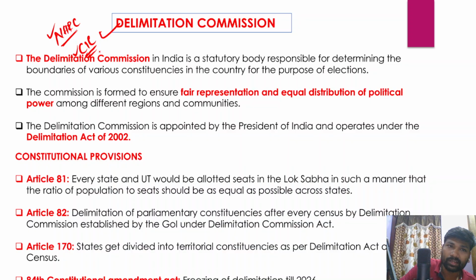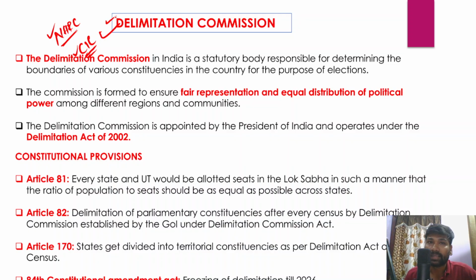The Central Information Commission will implement the Right to Information Act of 2005, and the National Human Rights Commission will protect the human rights of individuals from arbitrary state action. And similarly, the Delimitation Commission is also important because in recent times this issue of delimitation of constituencies is in the news very often. So one by one we'll try to discuss all these important topics.